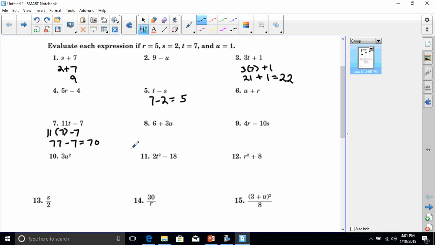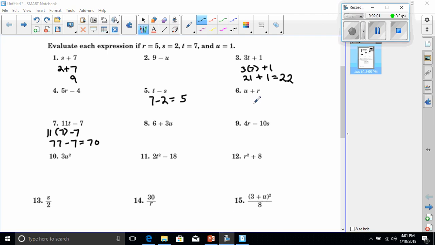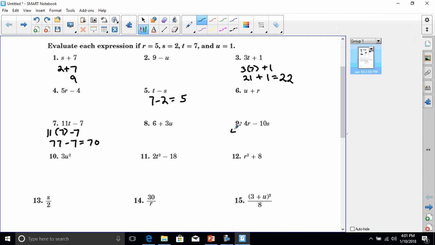All right, let's go ahead and go to number 9. Number 9 states, let's see, I'm going to have 4r minus 10s. Well, r is 5, so that's 4 times 5.